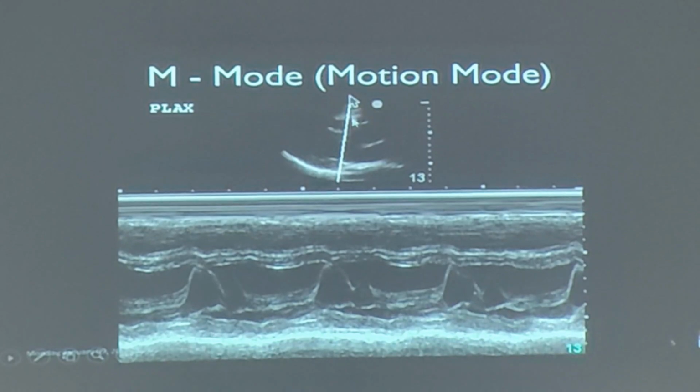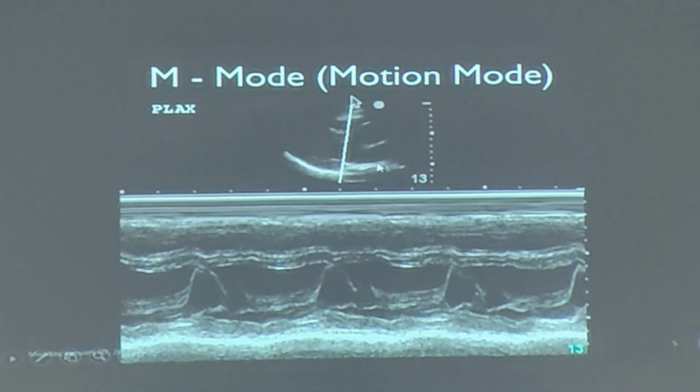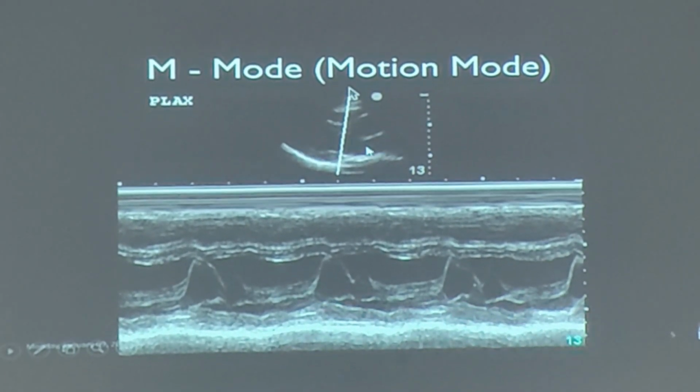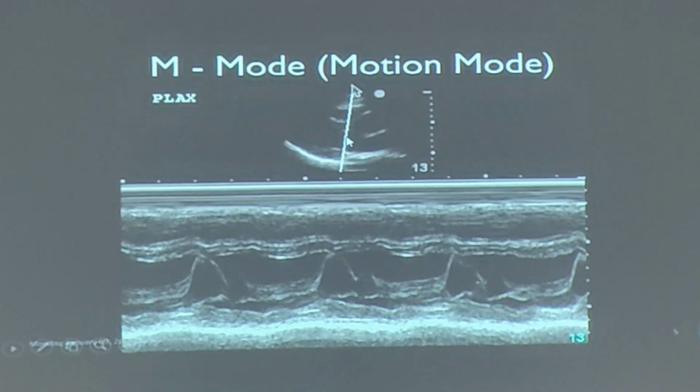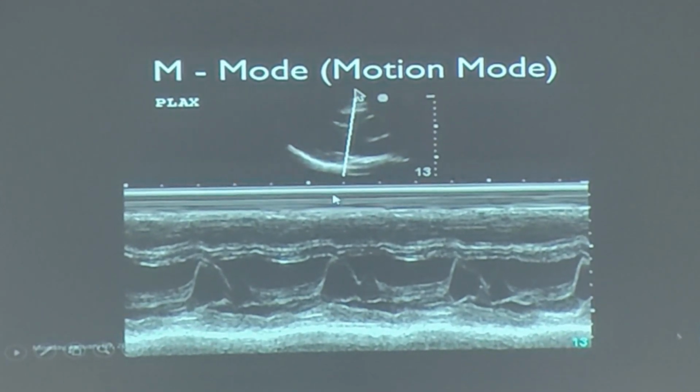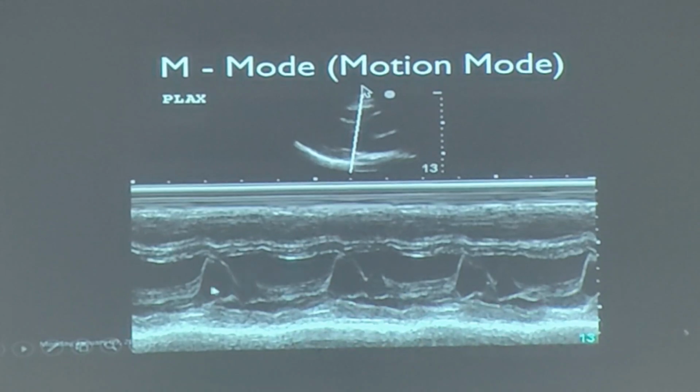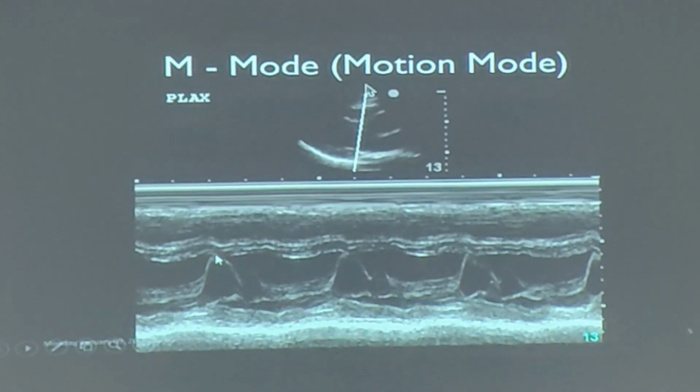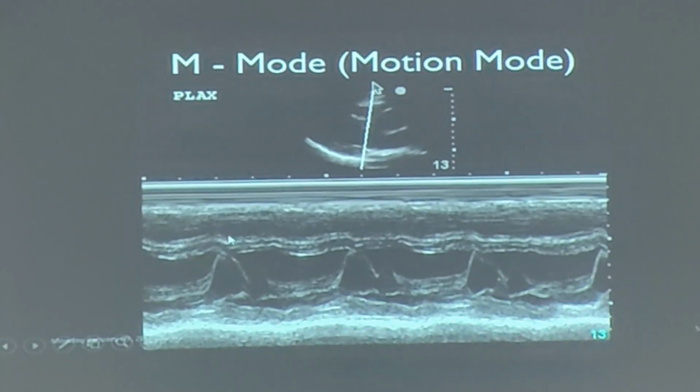Now you can see that this is the left ventricle and this is the left atrium, and here is the mitral valve. So we put this line across the mitral valve leaflet, and this mode will show us the movement of the mitral valve leaflets toward the septum.